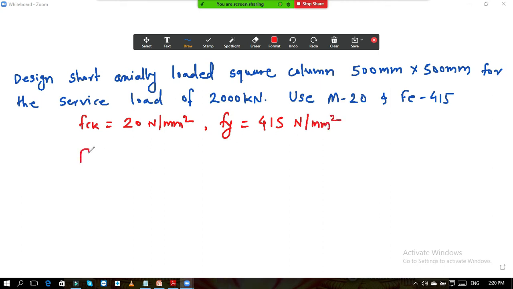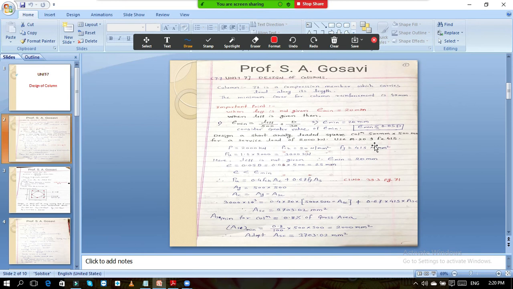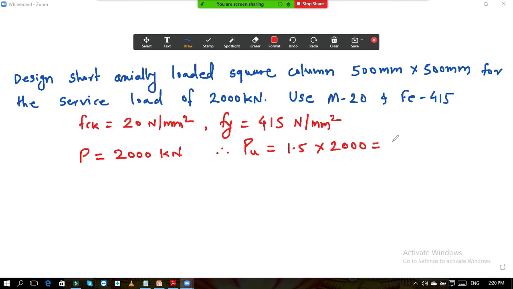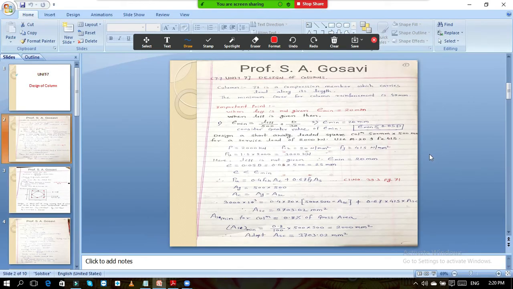Then P is given as 2000 kilonewton. Therefore, PU, the ultimate load, is equal to 1.5 into 2000. So what is the value? 1.5 into 2000 is 3000 kilonewton. So here in this problem, L effective length is not given to us.